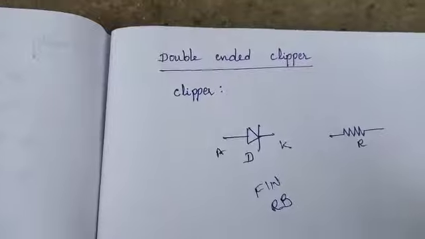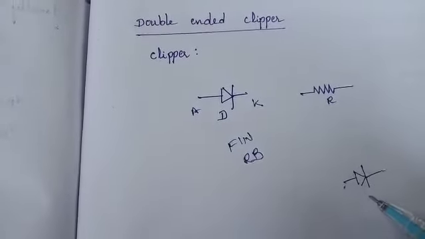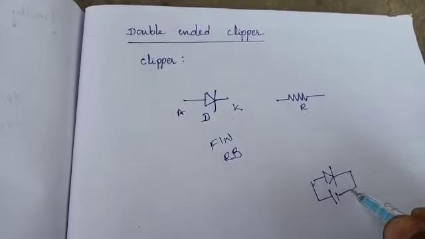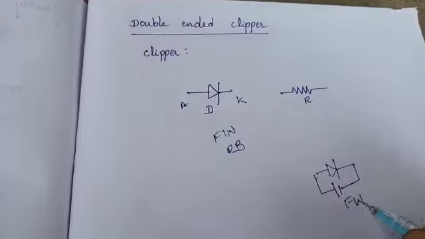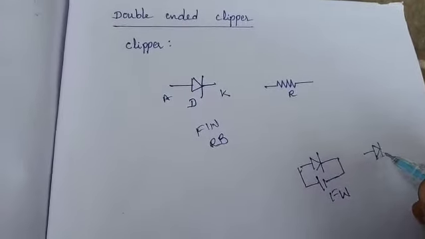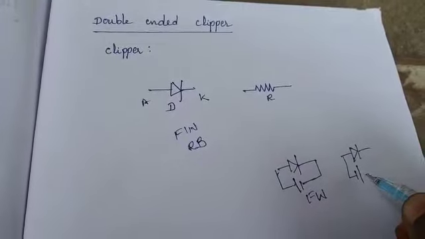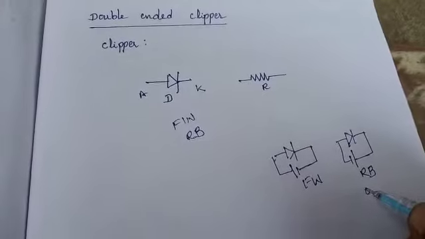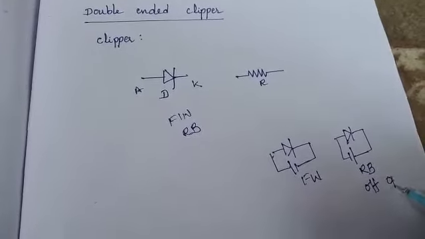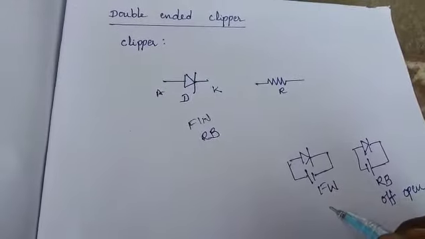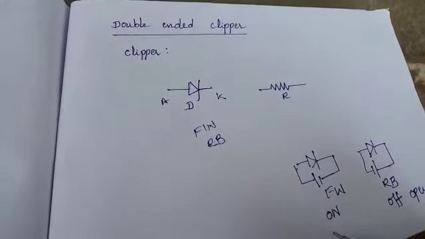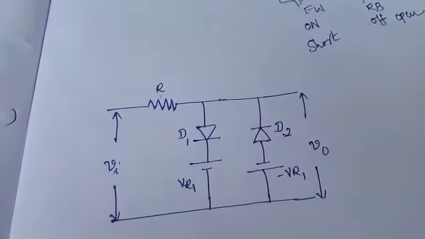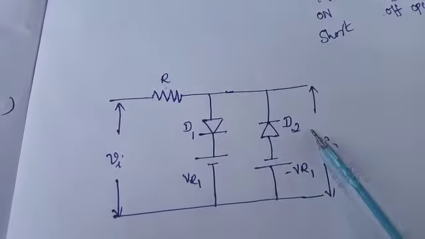The diode is in forward bias if and only if more voltage is connected to the anode terminal and less voltage is connected to the cathode terminal. In a similar way, if less voltage is connected to the anode terminal and more voltage to the cathode terminal, the diode is operating in reverse bias, so it is in the off condition, an open circuit. Whereas if the diode is in forward bias, it is in the on condition and acts as a short circuit.